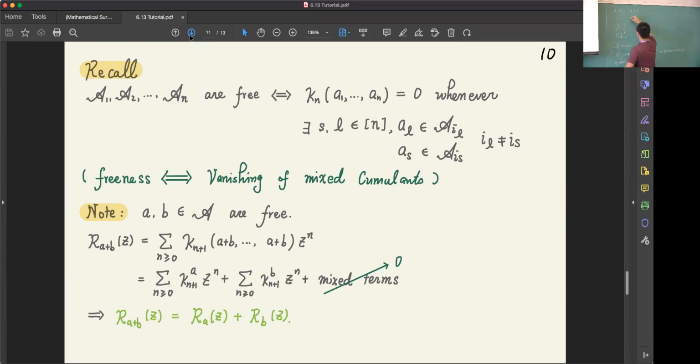Now we have 2, 2, which can be this one or this one. And then 2, 1, 1, 1, 1, 2, 1, 2, 1, and so on. And the partitions with two singletons.